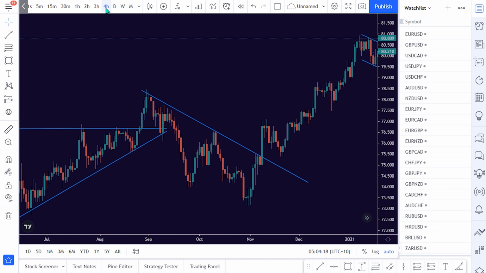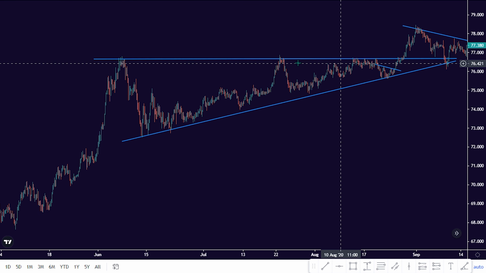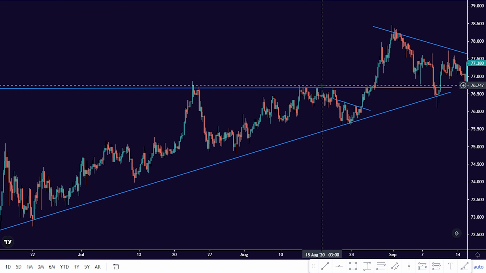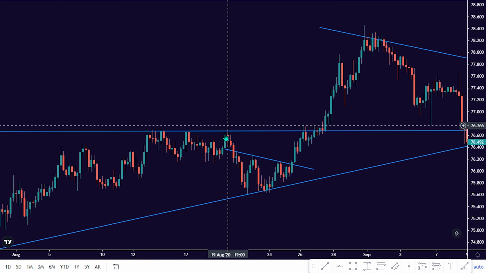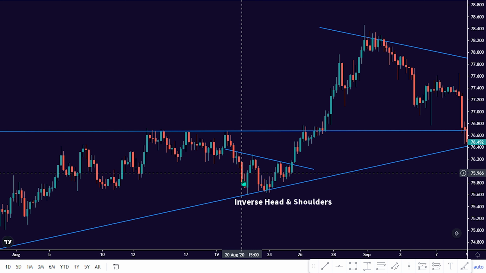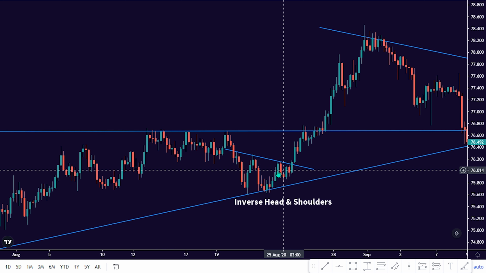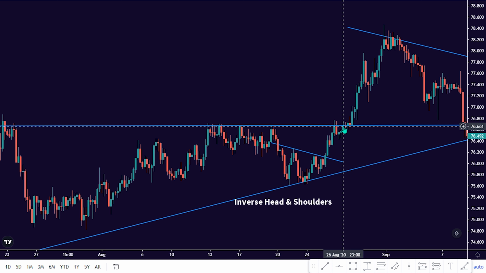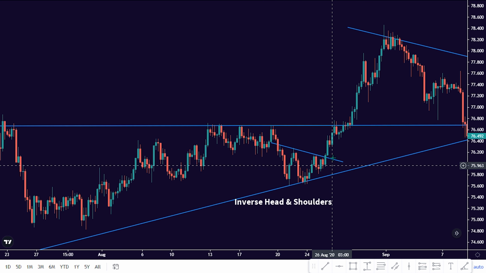Now let's see the 4-hour chart frame. We can see the formation of an inverse head and shoulders here. The inverse head and shoulders support the ascending triangular formation on the daily time frame.